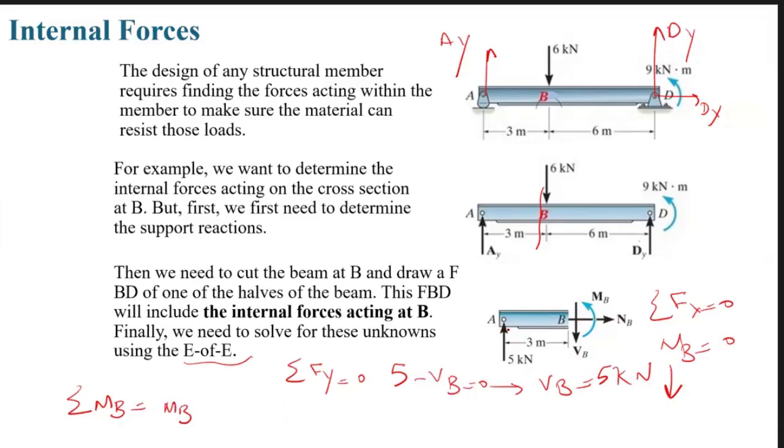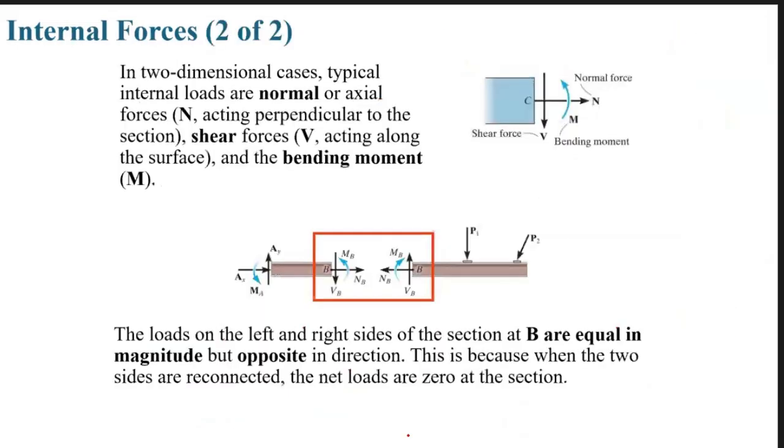MB minus the moment of Ay, the direction of my thumb inside, so minus 5 times 3, equals 0. So MB is 15 kilonewton meter. When we find positive, it means the direction I assumed here is correct and should be counterclockwise. And you see, I showed the direction here too.